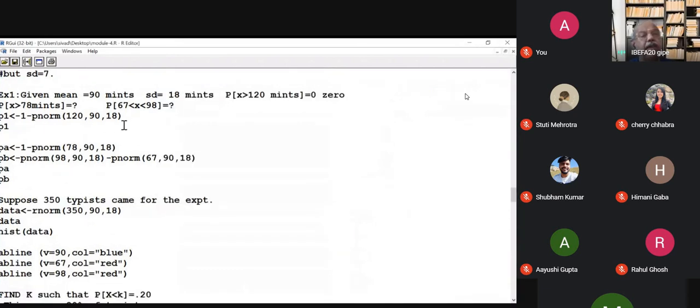Given that the mean is 90 minutes and the standard deviation is 18 minutes, find the probabilities for greater than 120 minutes, greater than 78 minutes, and between 67 and 98 minutes.